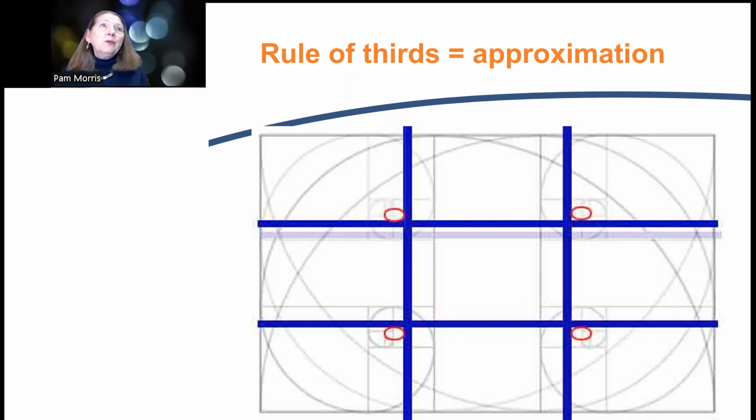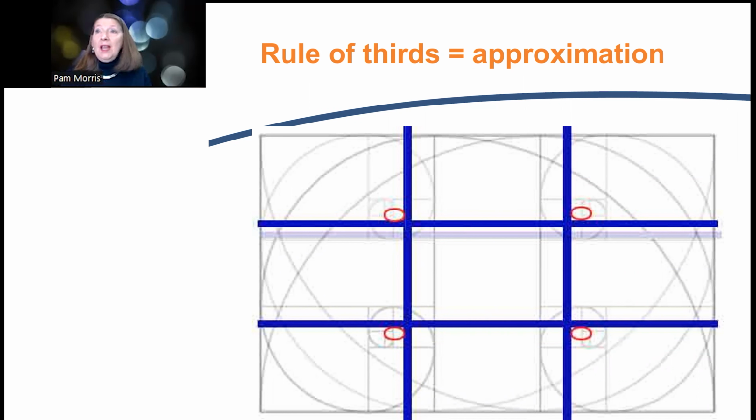So when we talk about the rule of thirds, it's almost an approximation of taking these concepts of the golden spiral and the golden rectangle and overlaying them on top of each other. And what we end up with is these intersections of these key points within the golden spiral. And that's our rule of thirds.